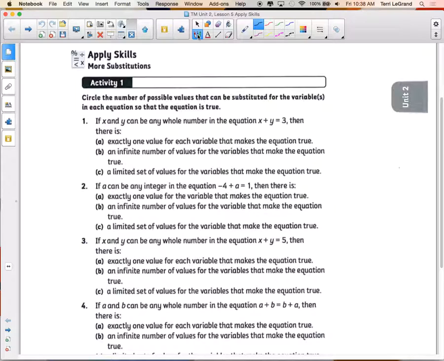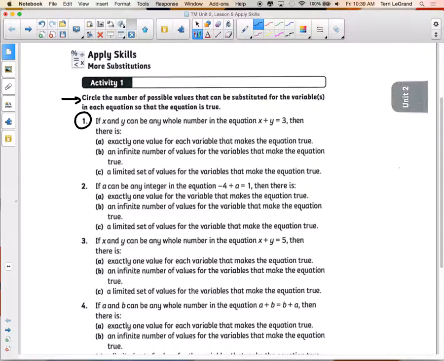So it says circle, here's our directions first of all. Circle the number of possible values that can be substituted for the variable or variables in each equation so that the equation is true. So let's circle number one here. There's number one.